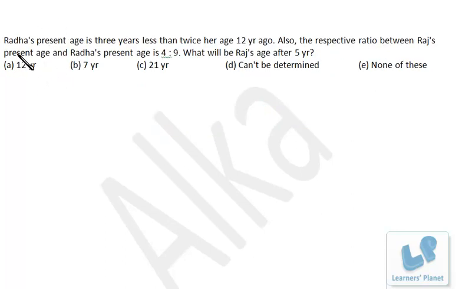Now this problem. Radha's present age is 3 years less than twice her age 12 years ago. Also the respective ratio between Raj and Radha's present age is 4:9. So this is Raj, this is Radha, right? It's 4x, 9x. Now, Radha's present age is 3 years less than twice her age 12 years ago.